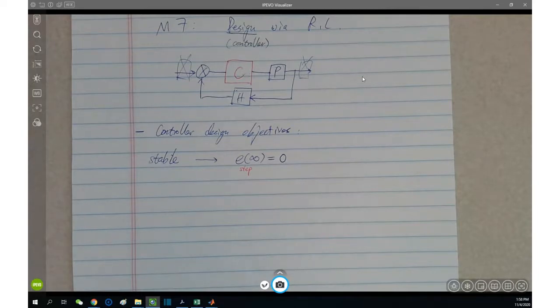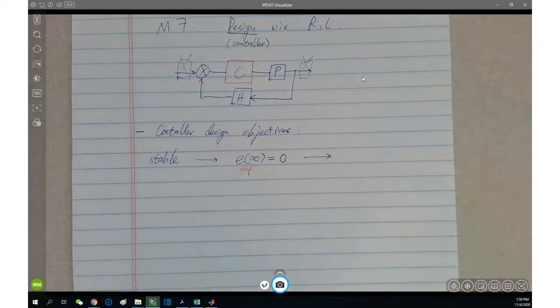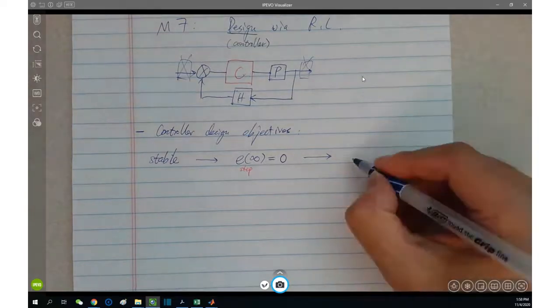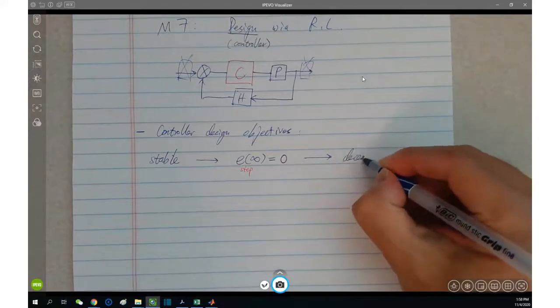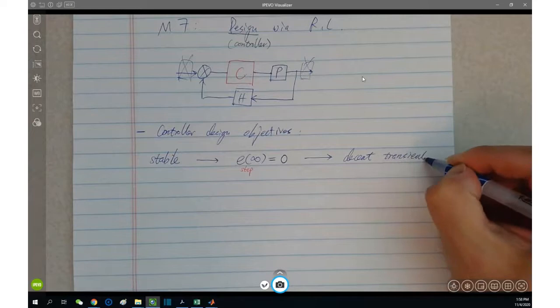If so, then the last concern is what? Transient. Very good. Molly is correct. So we're trying to get a so-called decent transient.